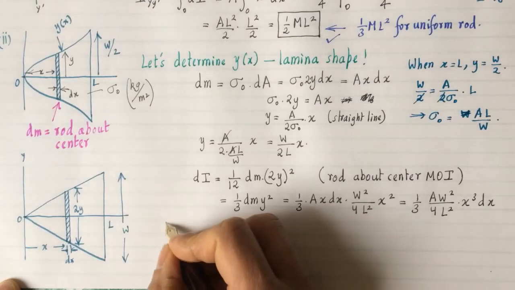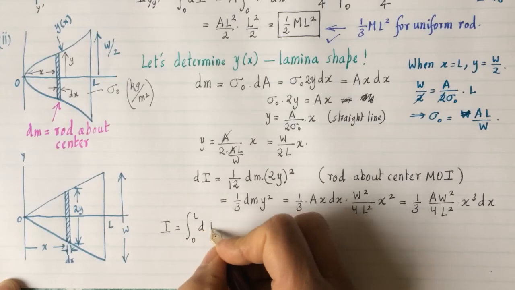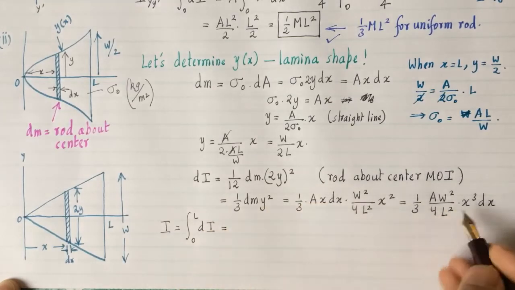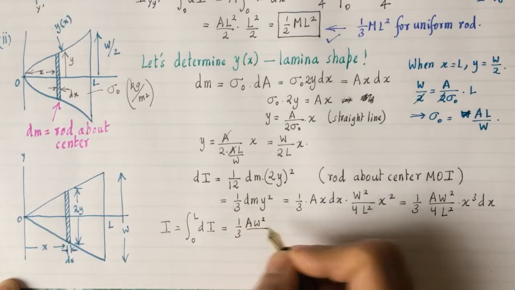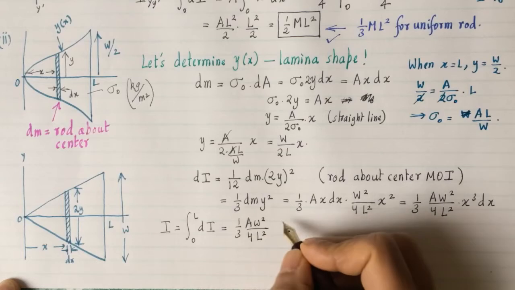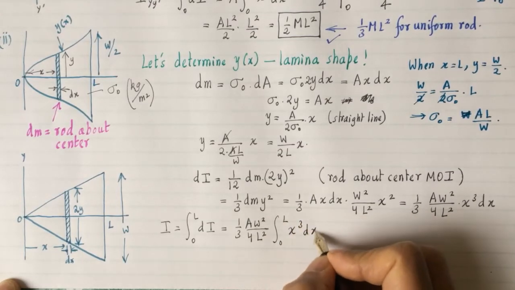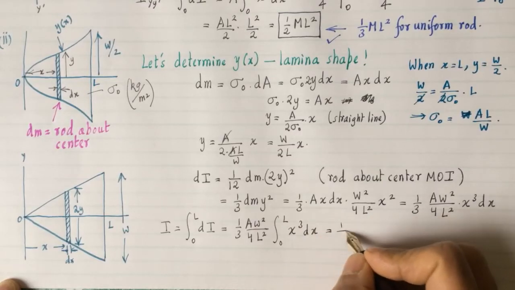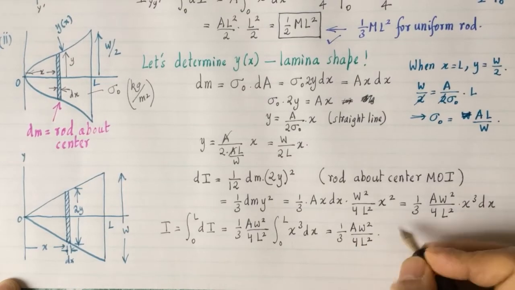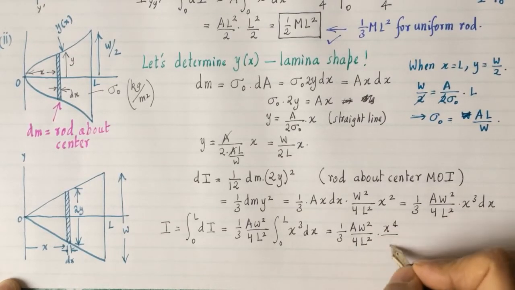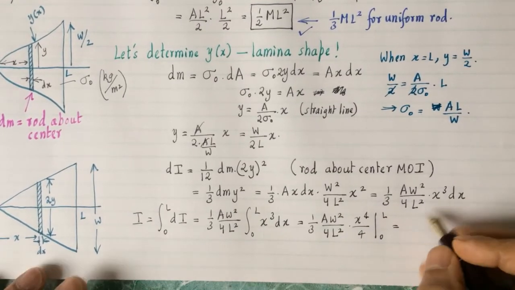The moment of inertia I is just the integral from 0 to L of dI. So I can take all these things outside since they're constants. So I get 1/3 a W squared over 4L squared, and then I just have the integral from 0 to L of x cubed dx, which is x to the 4 over 4, between the limits of 0 and L. Let's substitute that in.